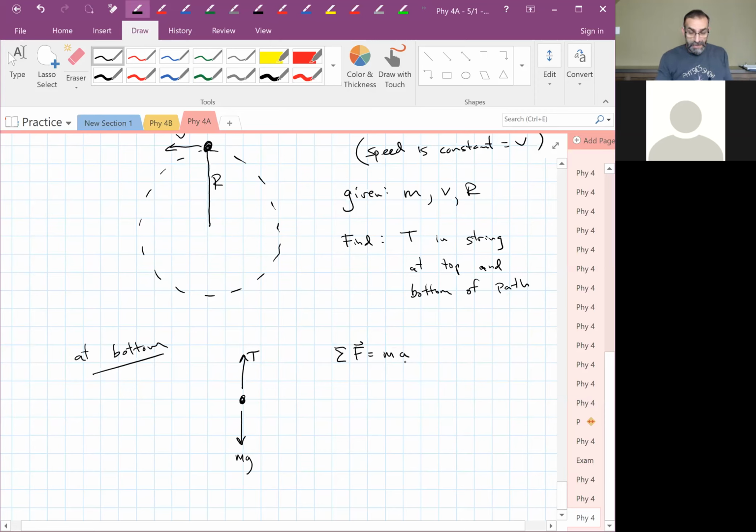And what I do, I always pick radially inward as my positive direction. I'll show you why later. So what direction is positive? In this case, up.